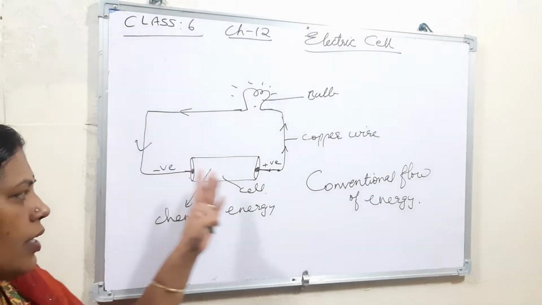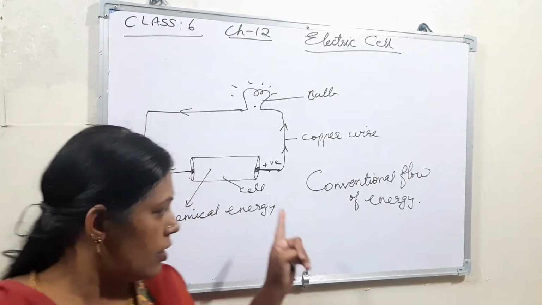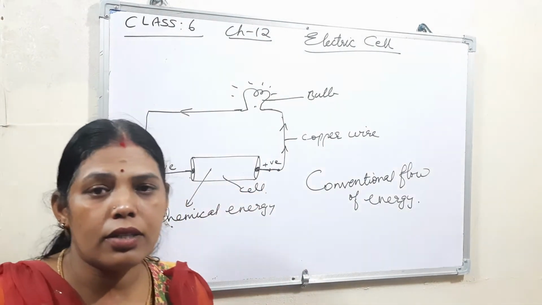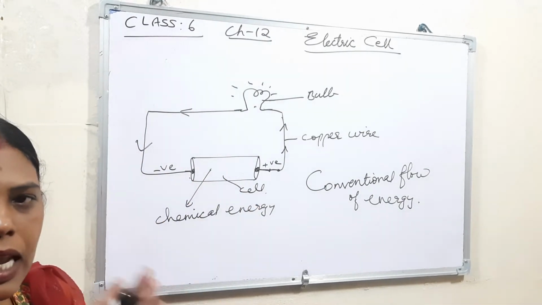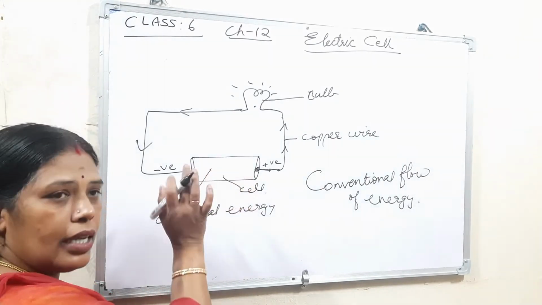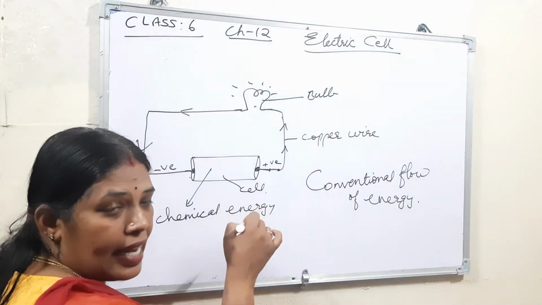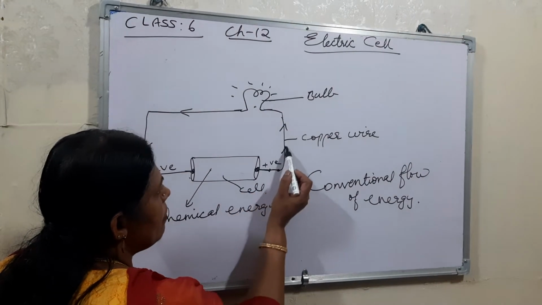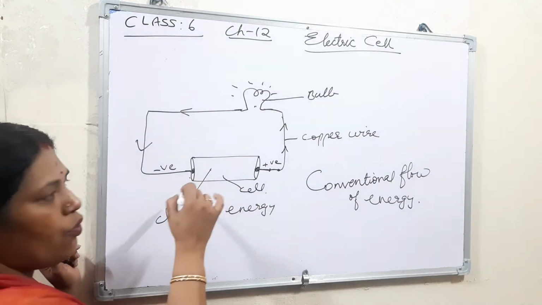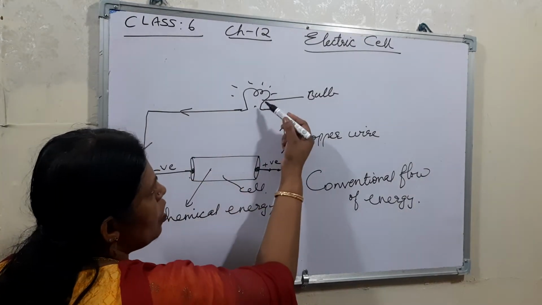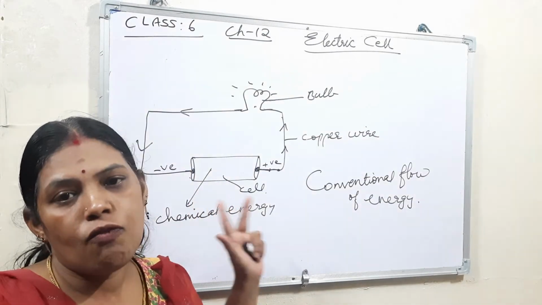When we switch on the torch, a chemical reaction occurs in the electrolyte, and the chemical energy is converted into electrical energy, and that current passes. If it is fully connected, a complete circuit, the bulb glows. From this we can know whether it works or not.